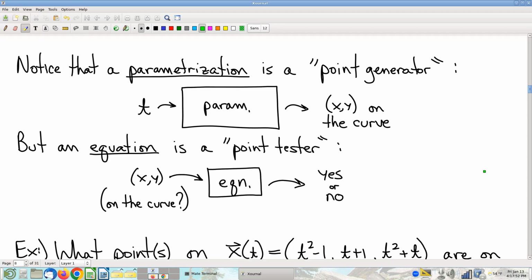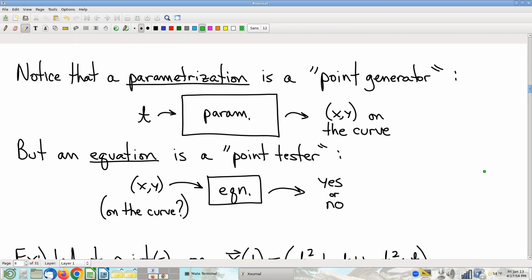Okay, real quick, I want to draw a distinction between parameterizations and equations. A lot of people kind of put parameterizations and equations into the same kind of box. They're algebra that describes a curve. I mean, you can see how people would think they're kind of the same thing.